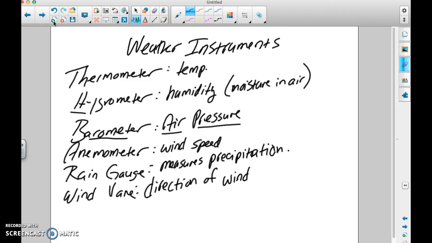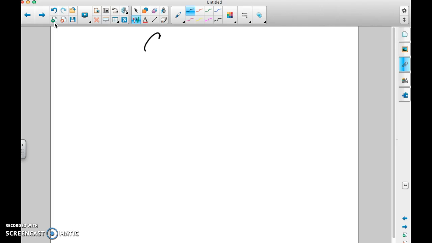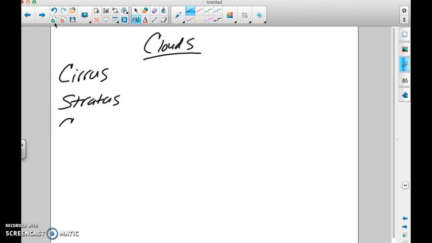All right, so we have our weather instruments. Now we also need to know about our clouds. We have Cirrus Clouds, Stratus Clouds, Cumulus Clouds.